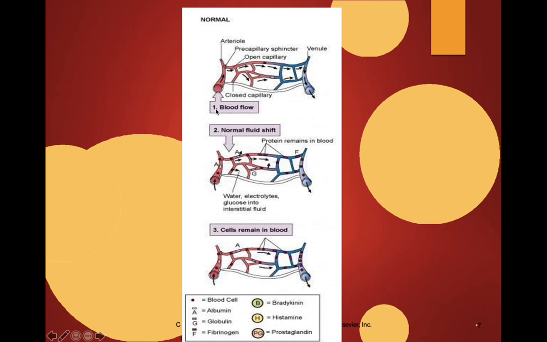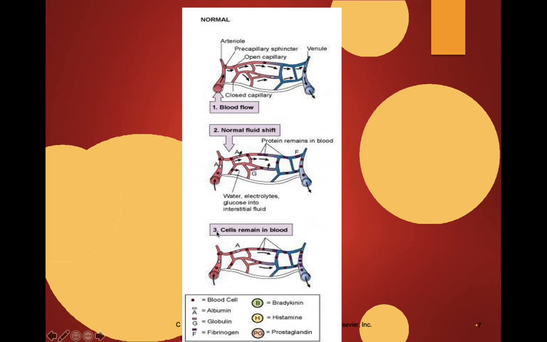So we can see that we have blood flow coming in, and then you can see right here there's a closed capillary sphincter, so it's diverting blood in this direction. Maybe there's an injury over here, so it's directing blood in this direction. And what ends up happening is there's this fluid shift that takes place.